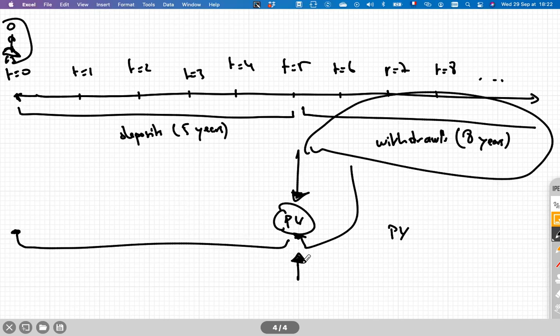So the result that we get using the PV function, you must bring back to T0, which means that you have to divide it by 1 plus the discount rate to the power of 5. Once you do so, you will move this present value to T0.